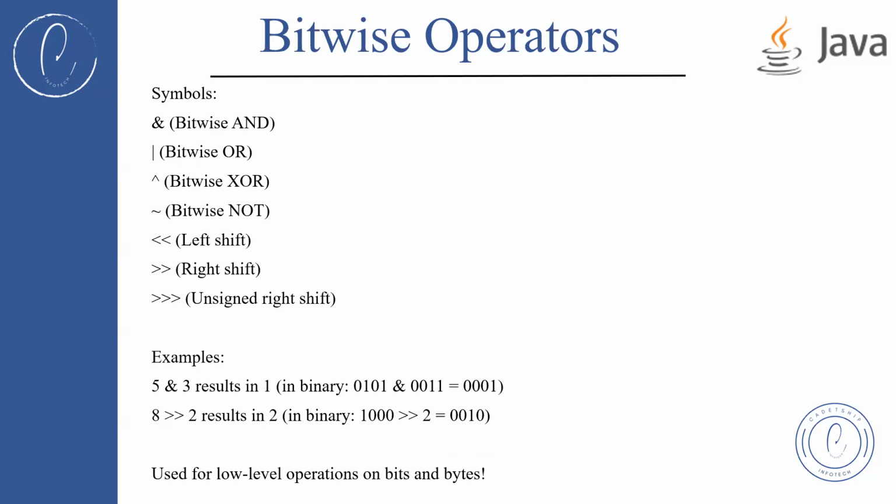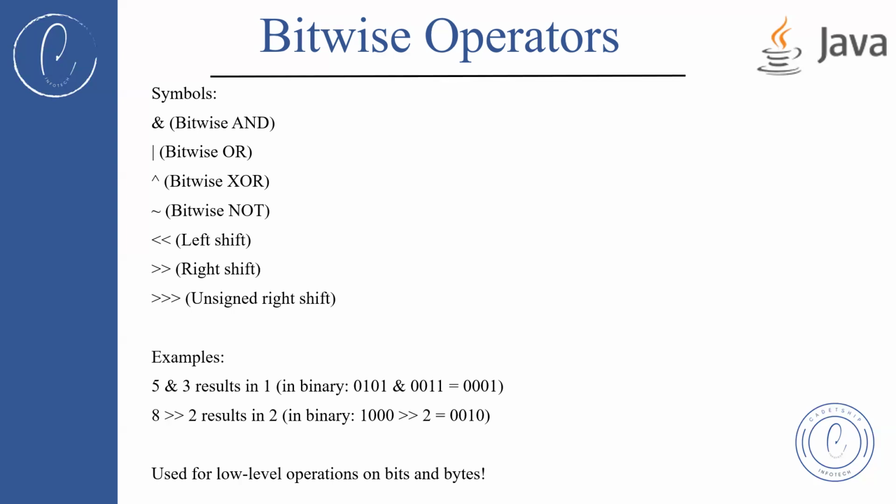Bitwise AND compares the values in binary: 0101 is the binary form of 5, as we can see in the first example, and the binary form of 3 is 0011. When we perform the AND operation, 1 and 1 evaluates to 1, 0 and 0 evaluates to 0, and 1 and 0 evaluates to 0, and 0 and 0 evaluates to 0. So we get the final result as 0001, and by the 8421 rule we get our value as 1.